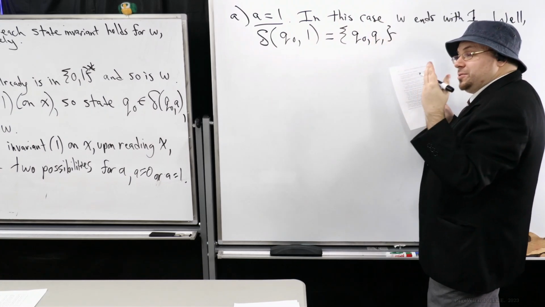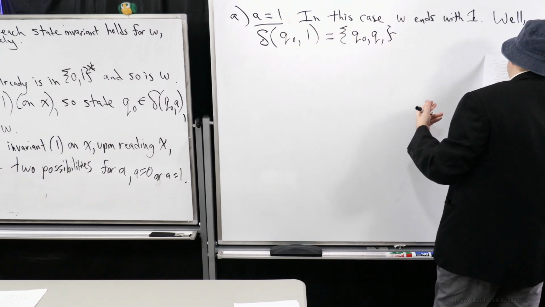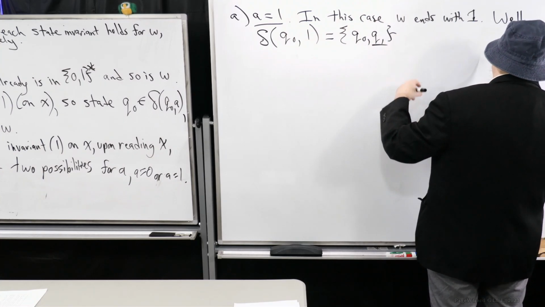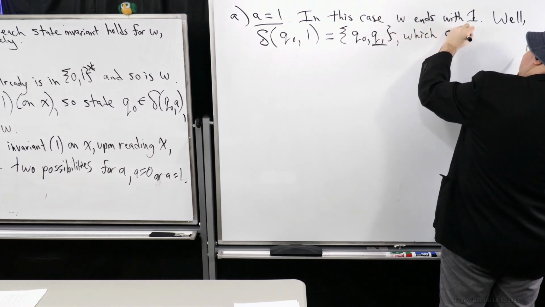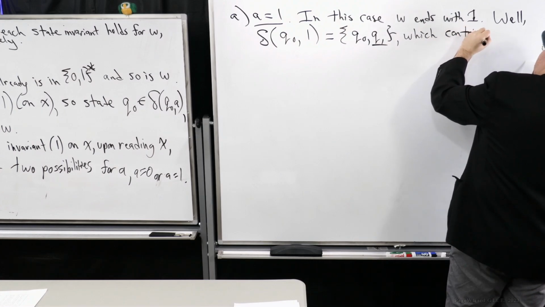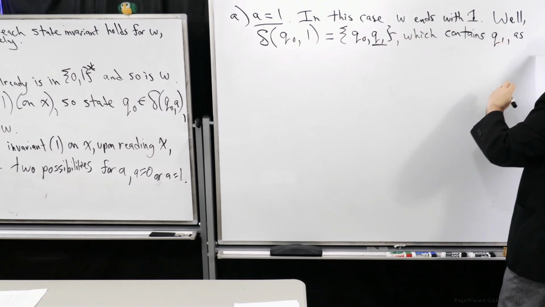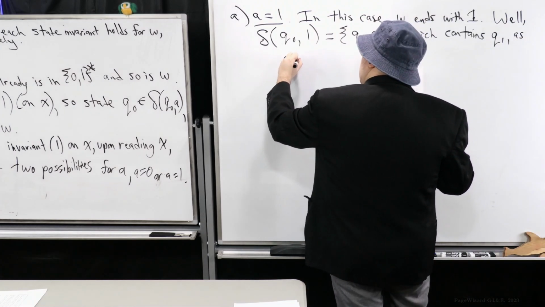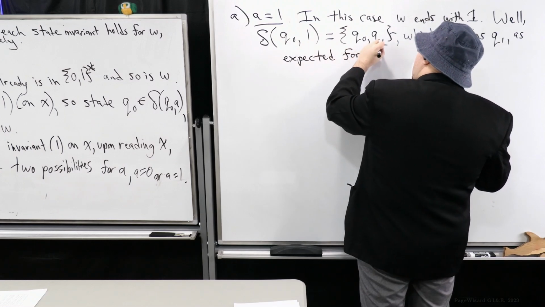It either is still in Q0 or it has Q1. But the thing is, it has Q1 in it, which contains Q1 as expected for 2.